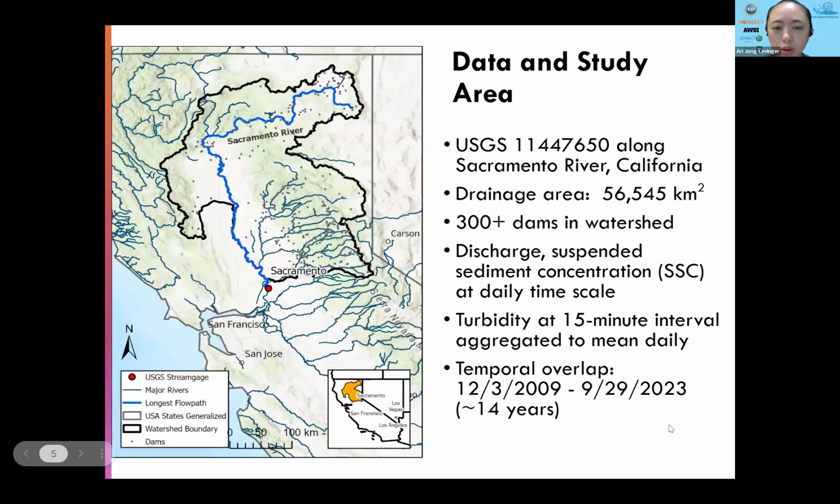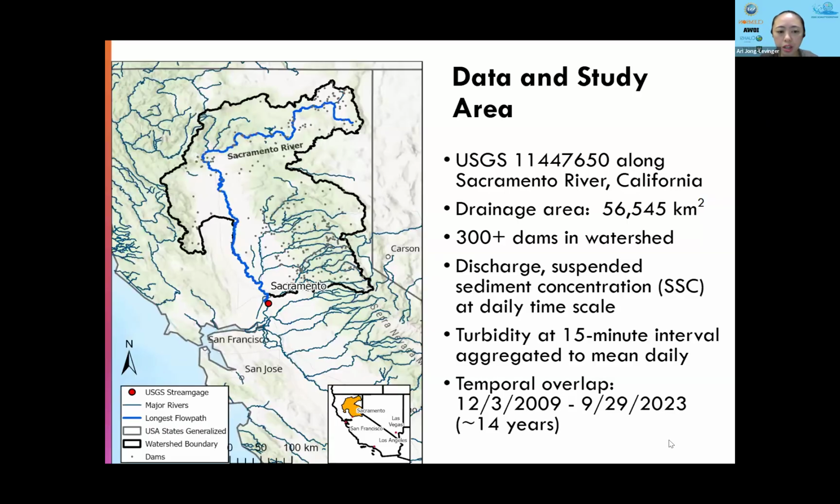So our study area is a very large basin in the Sacramento River. This is in Northern California, and there are over 300 dams in that watershed. Dams can be impacted by sediment when they fill with sediment and the capacity is reduced, which can increase the risk of dam failure. So that's why we are studying this phenomenon.